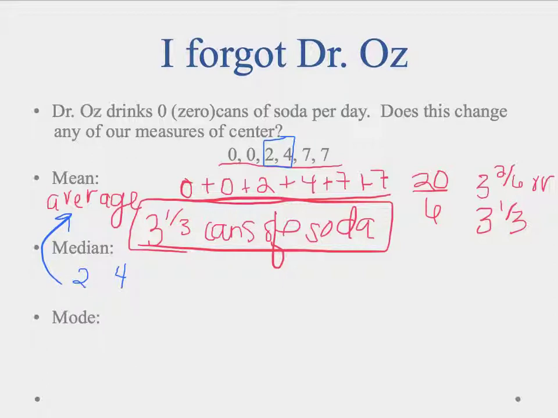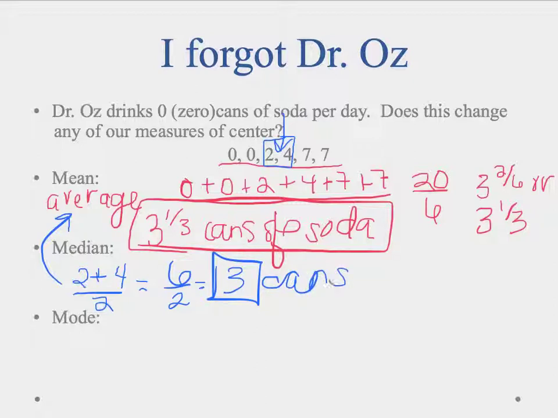For the median, when you have an exact middle with 2 numbers, you find the number exactly halfway in between that. So we can find the average of these: 2 plus 4 is 6, divided by 2, which is 3. And you probably got that. What's halfway between 2 and 4? The number's 3. So 3 cans of soda now is our median.